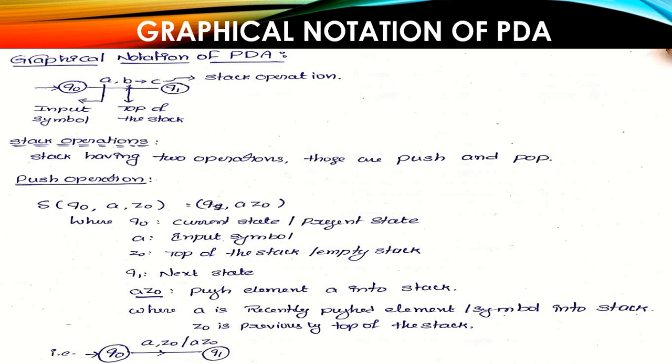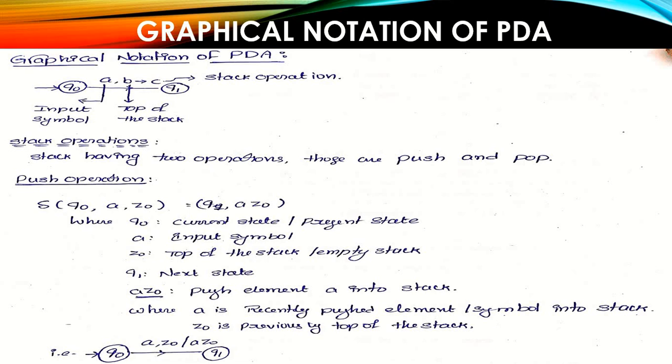Graphical notation of pushdown automata means how we can represent a pushdown automaton in graphical format. Pushdown automata can be represented graphically in different ways, but one of the best representations is the finite automata method.